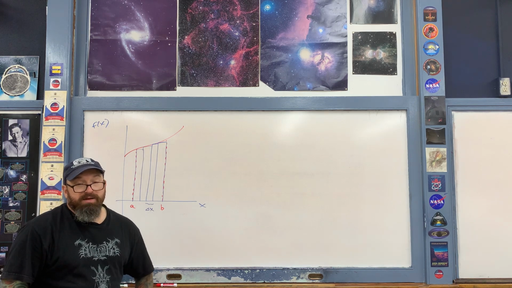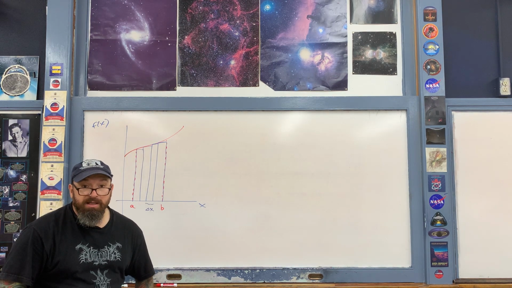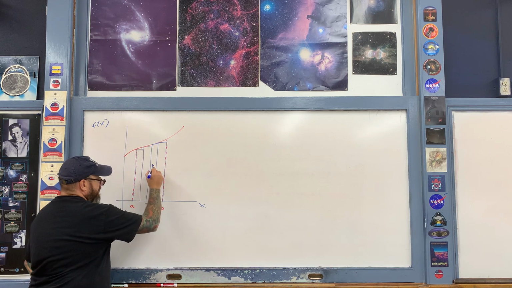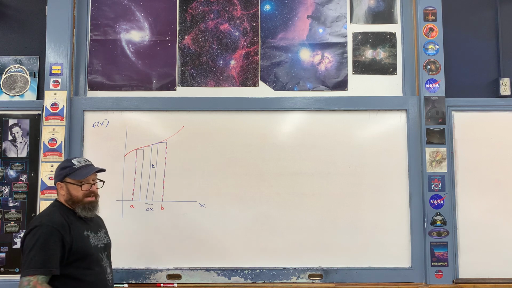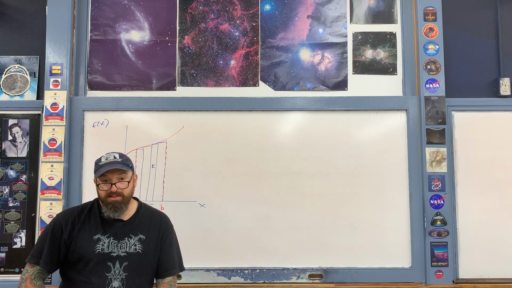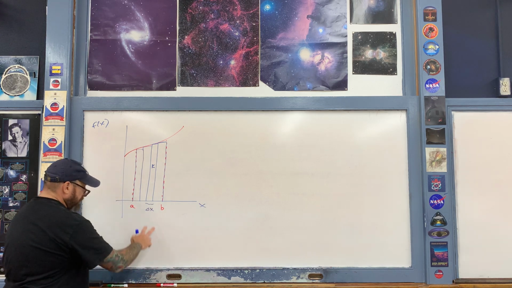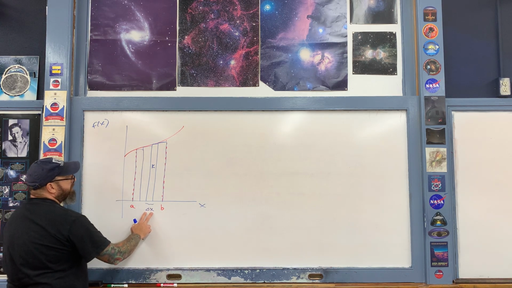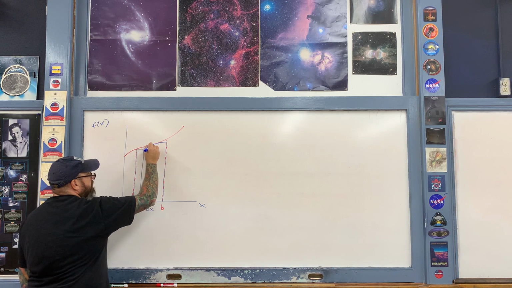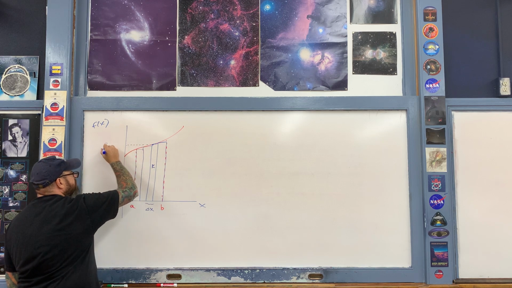Okay, I'm going to begin by finding the area of this single rectangle. This rectangle here we're going to refer to as the kth rectangle. So how do you find the area of that single rectangle? Well, it's just going to be base times height. So the base is the width delta x, but what about the height? Well, the height of this rectangle is the value of the red function itself right here at this value. This value here is referred to as f of x sub k, like so.